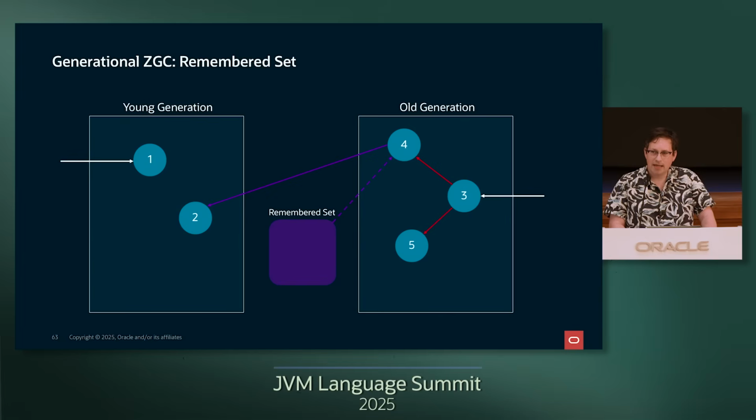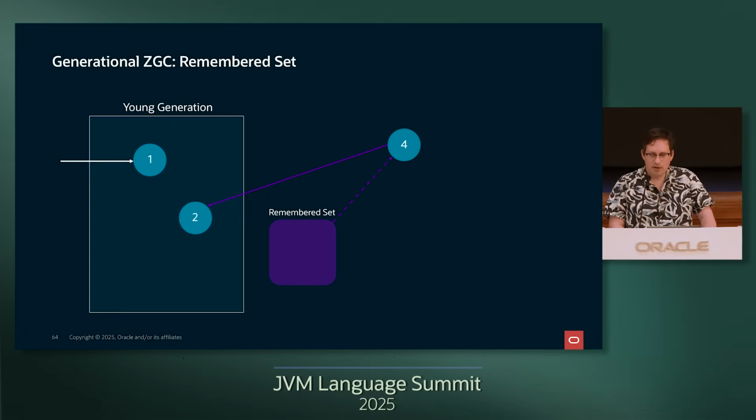If we remove the last reference in the young generation to this object, it's only reachable through object 4. So from the young generation collection's perspective, you can look at the remember set here and see that, oh yeah, we need to trace through object 2 and keep that alive as well. Otherwise, we'll crash, which is bad.